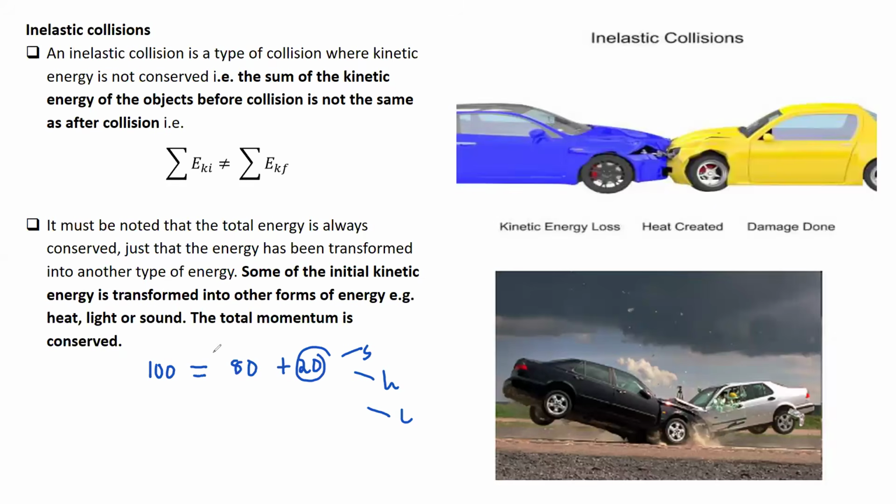But I need you to understand that the total energy remains the same. It was 100, and now the kinetic energy is 80 plus the 20. This is from the principle in grade 10 that says energy cannot be created or destroyed, but can be changed from one form to another.